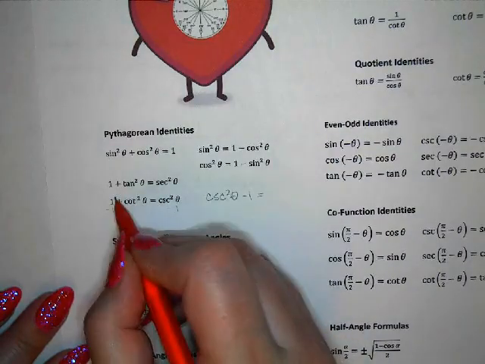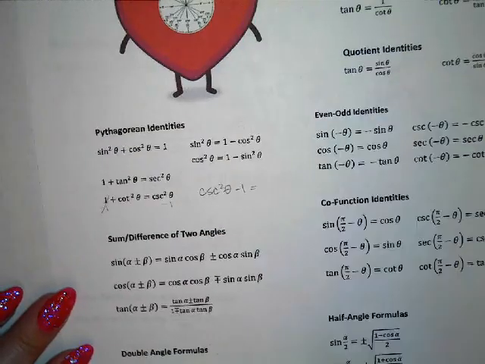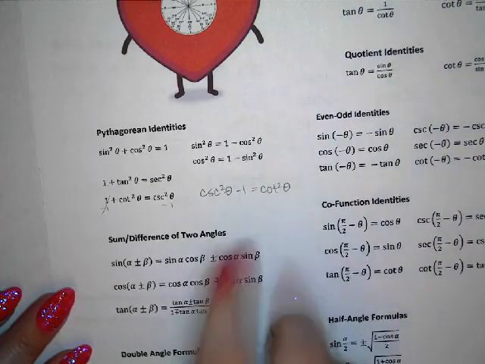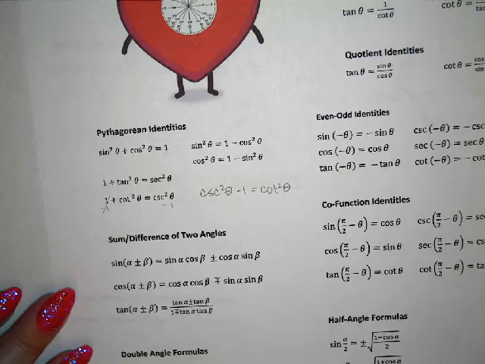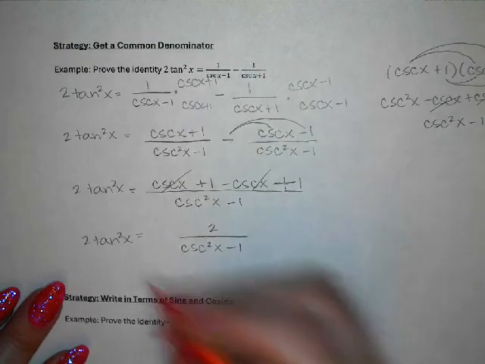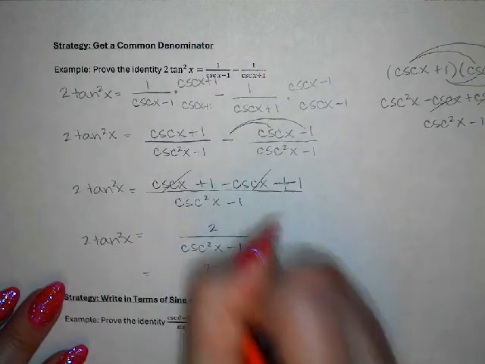That would be an alternate form. And so I can go ahead and make that substitution. I can take the cosecant squared minus 1 and replace it with cotangent squared. So this is 2 over cotangent squared.